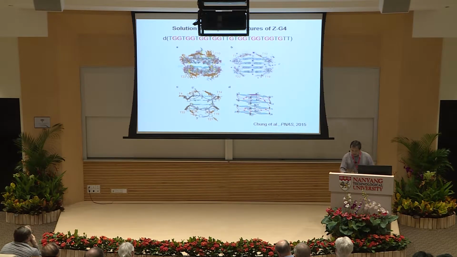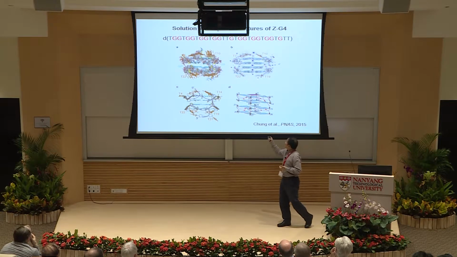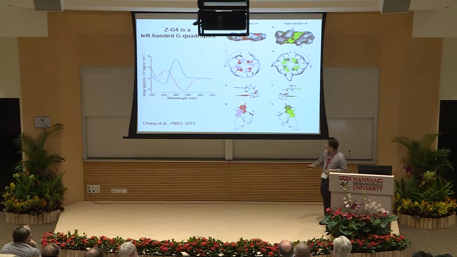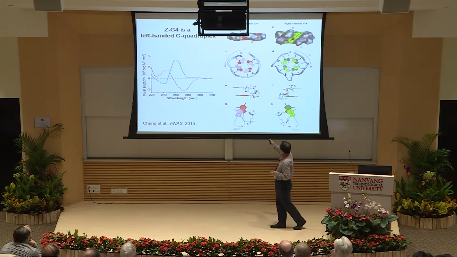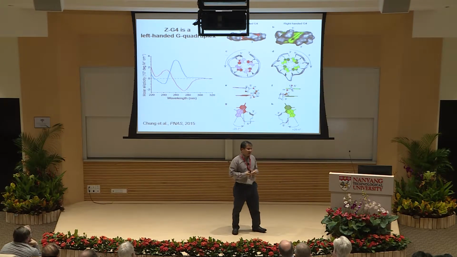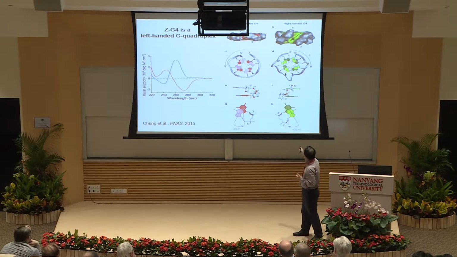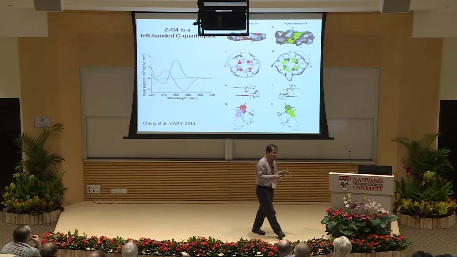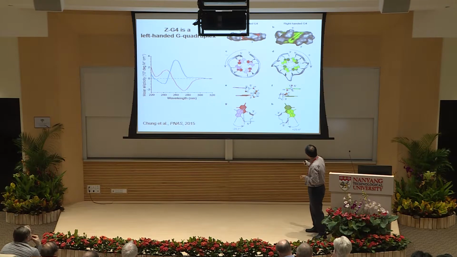And surprisingly, recently we accidentally fell into a crystal and NMR structure of a sequence that is left-handed. So most of the quadruplex studies so far go in the right-handed manner. If you know about left hand and right hand, duplex DNA B and Z form, you would know that mostly on the B form, the way of stacking from 5' to 3' in this direction is about plus 30 degrees.